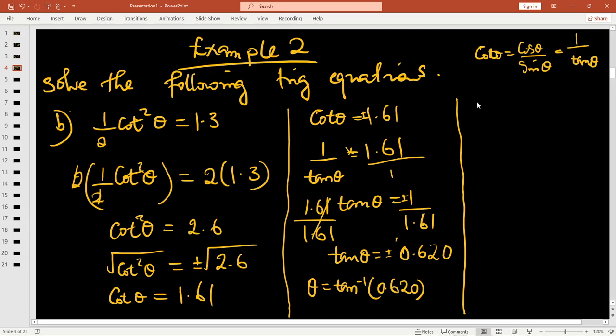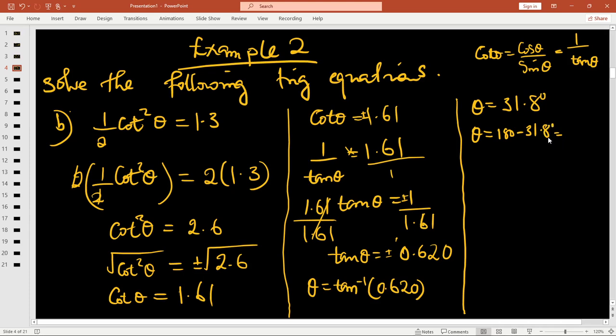So then we have that our theta here. The first solution that we're going to have, theta there, so tan inverse, we have 31.8 degrees there. So in the second quadrant here, we said it's 180 degrees minus the calculated angle that we have there, so minus 31.8 degrees.